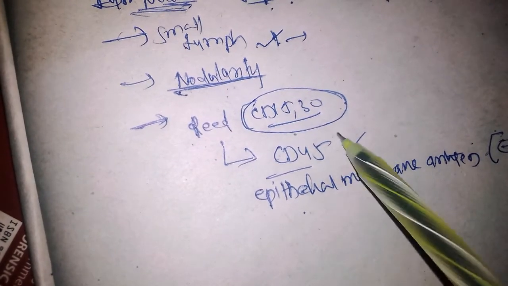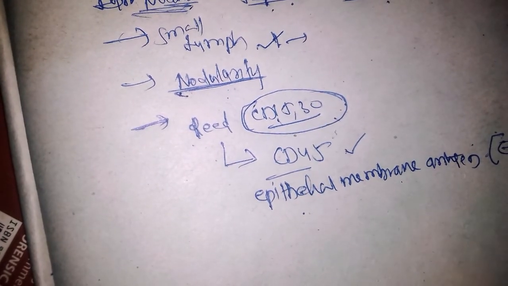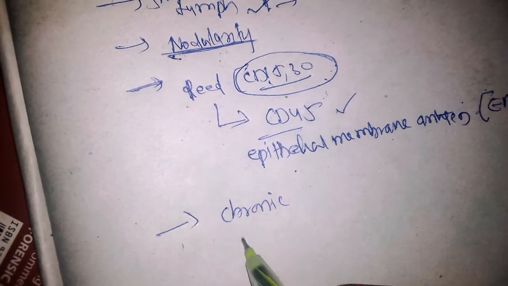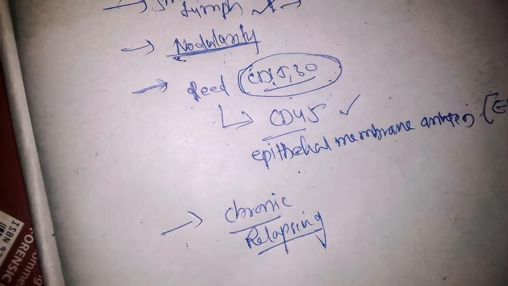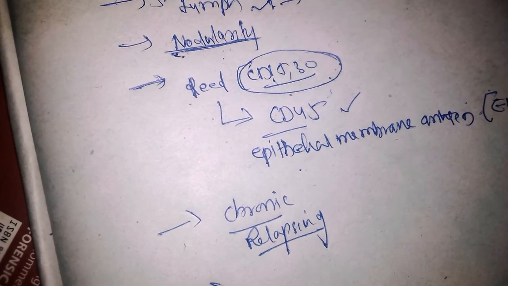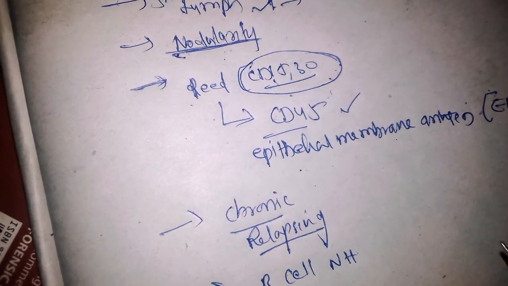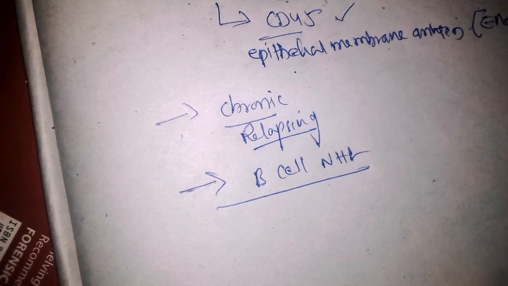I told you they are negative for CD15 and positive for CD45 and epithelial membrane antigen. And this has got a chronic clinical phase, and there will be relapses. This may transform into B cell non-Hodgkin lymphoma. And these are peculiarities of nodular lymphocyte predominant Hodgkin lymphoma.